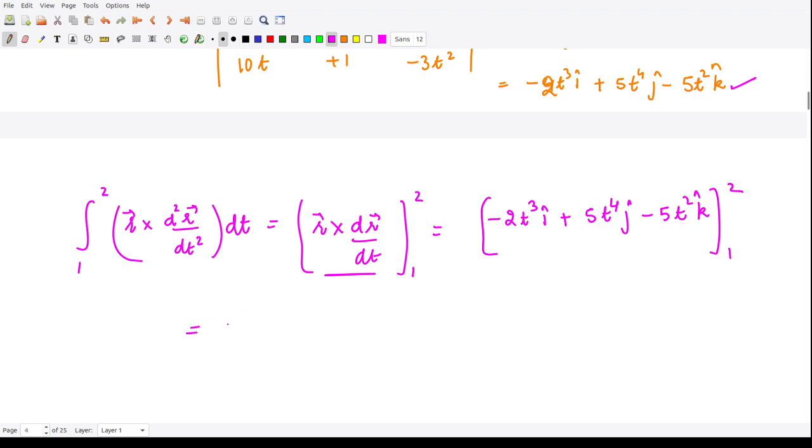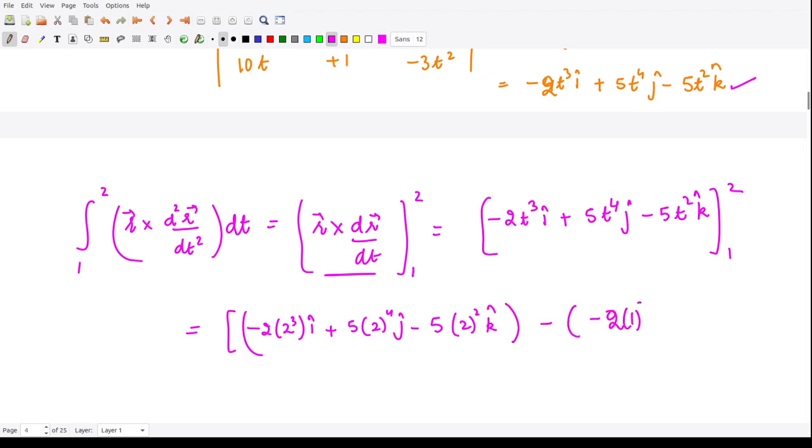So instead of t, firstly we'll write the value 2. So what do we have? We will have minus 2 into 2 cube i cap plus 5 into 2 to the power 4 j cap minus 5 into 2 to the power 2 k cap. So this is the first vector, and the second vector would be minus 2 into 1 to the power 3 i cap plus 5 into 1 to the power 4 j cap minus 5 into 1 to the power 2 k cap.